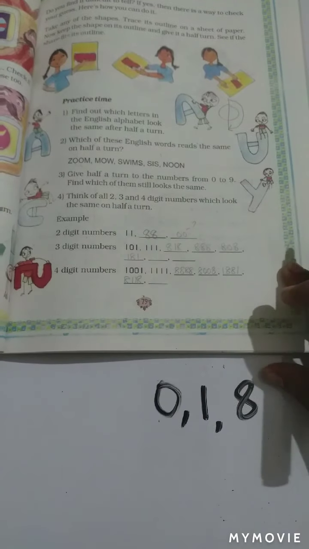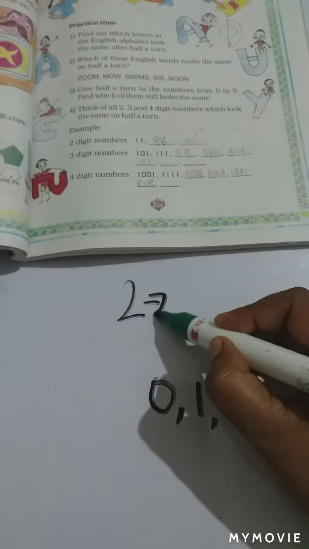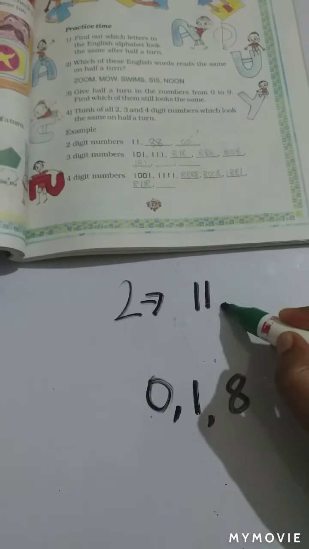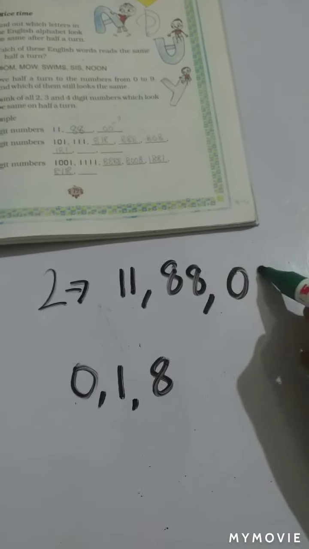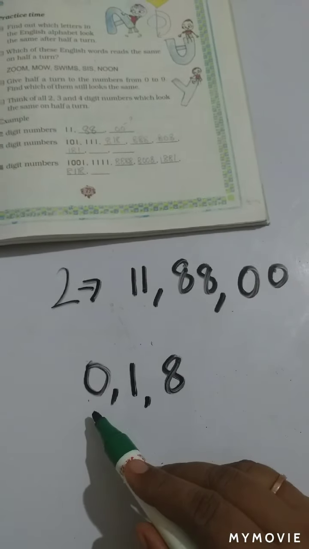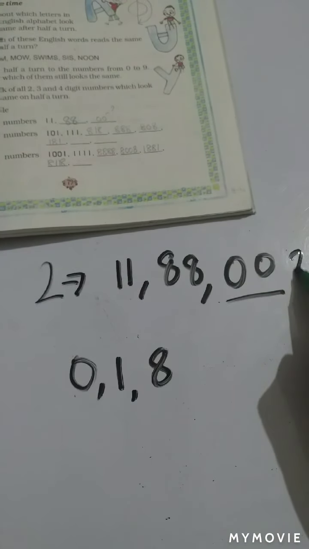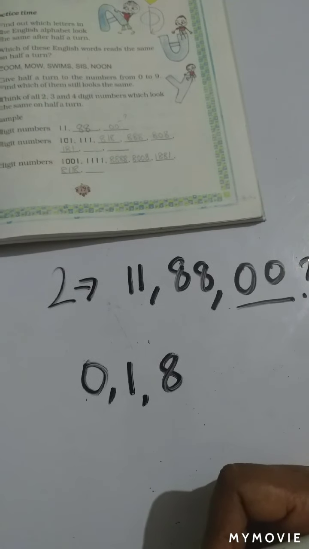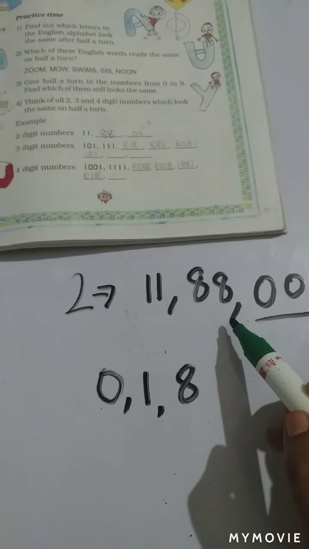So the 2-digit numbers which we can write are 11 and 88. A few children say 00 because 0 also when reversed looks the same, but 0 is not a number here. Okay, so we will have two answers, 11 and 88.